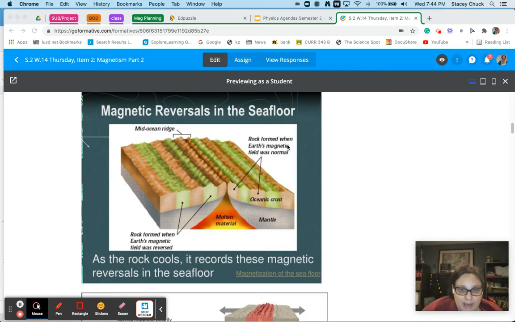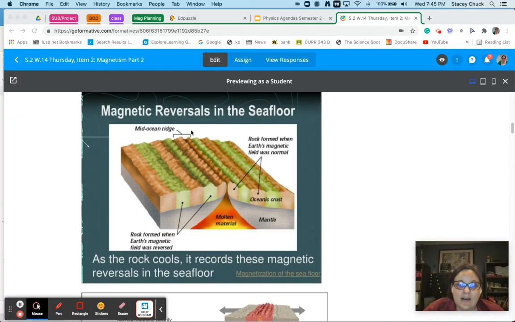This is how it works. You have a mid-ocean ridge, a place where two pieces of the Earth's crust are separating. As they separate, magma comes up through the crack, flows onto the bottom surface of the ocean, and hardens into rock.